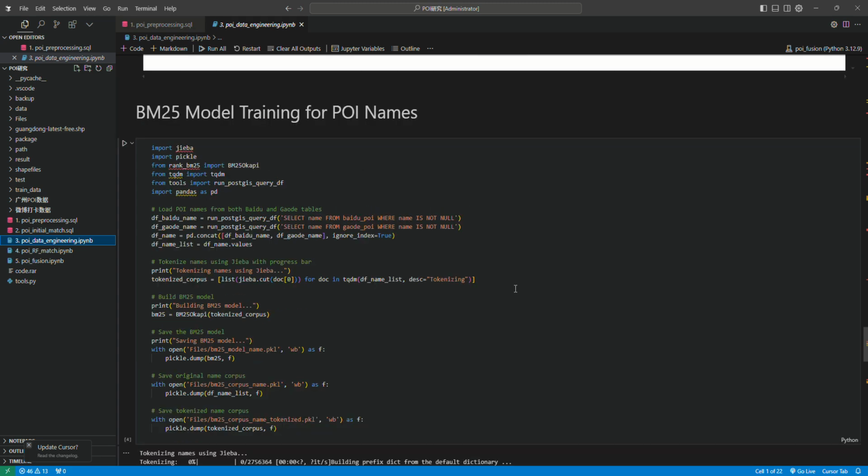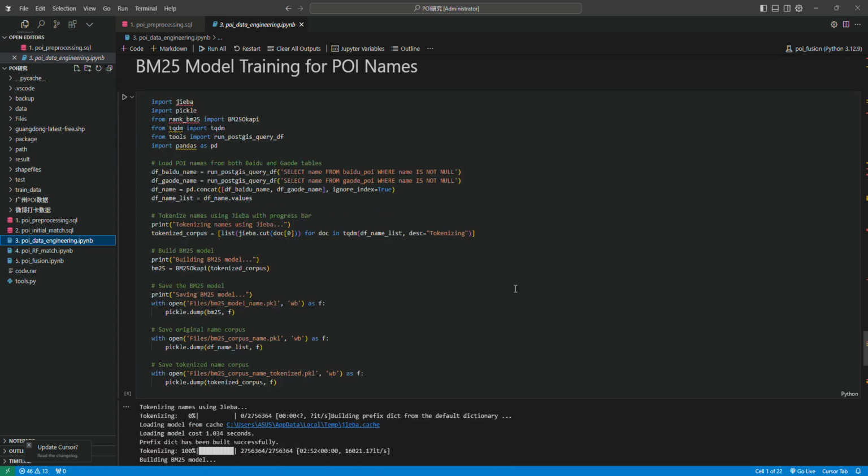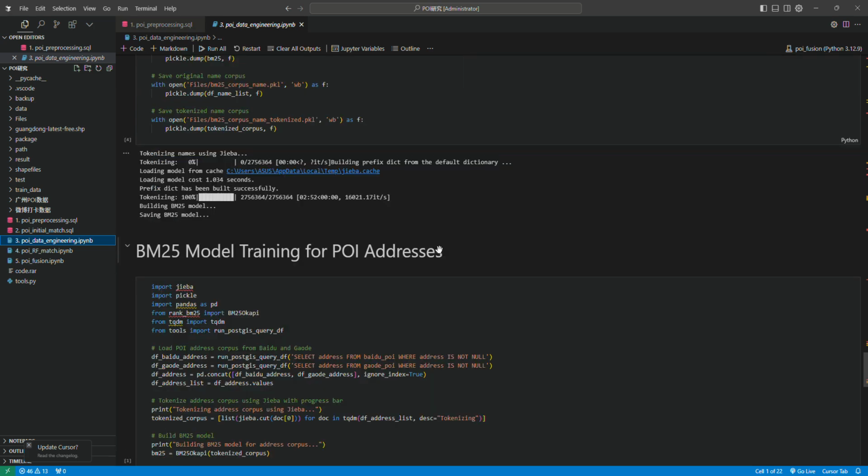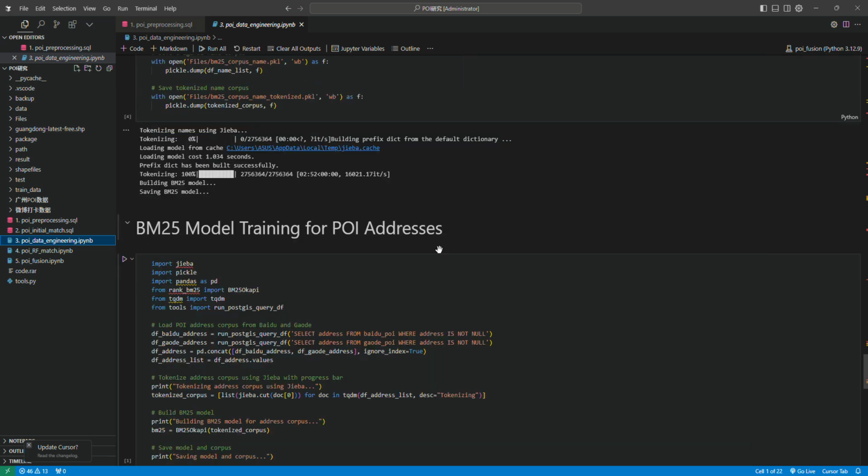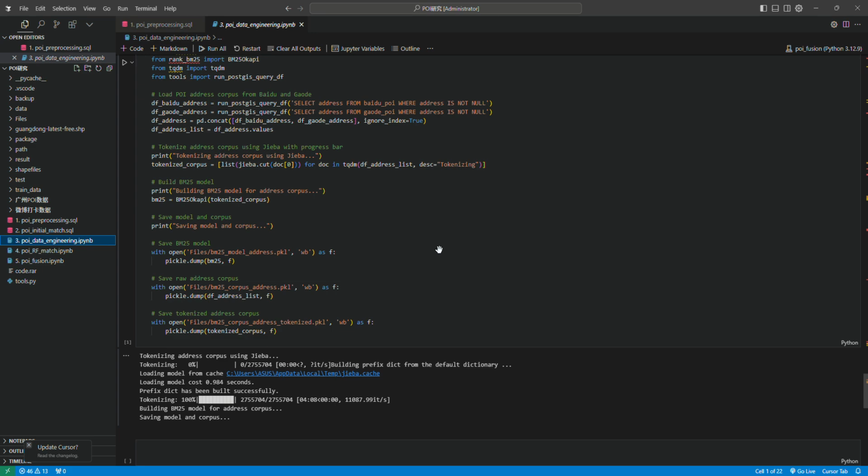To do this, we first build a bag of words for POI names and addresses. And the final feature actually is spatial distance, which is computed in real time using PostGIS. Similarly, cosine similarity between dense vectors is also calculated on the fly.